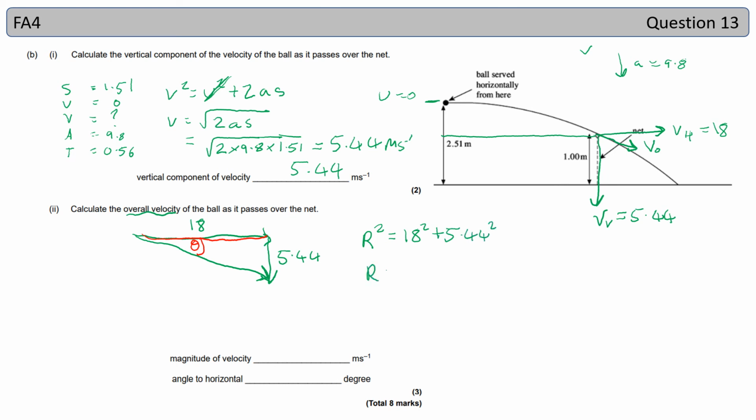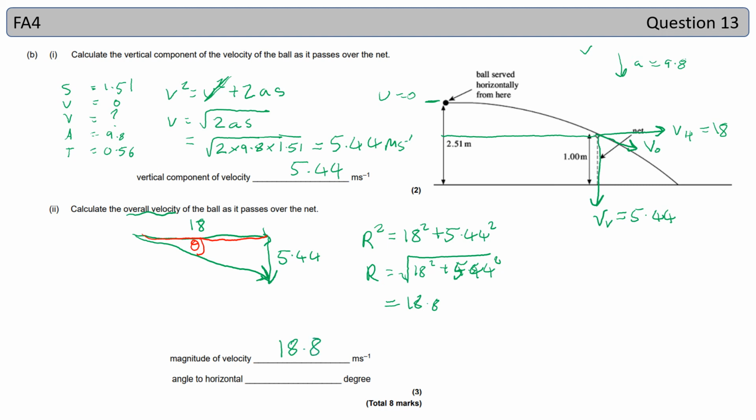So my resultant is going to be equal to the square root of all of that. And that gives us a velocity of 18.8. And we check, does that make sense? This is the hypotenuse. I'm expecting it to be a bigger answer than either of my horizontal or vertical components. So there's my answer for the velocity.